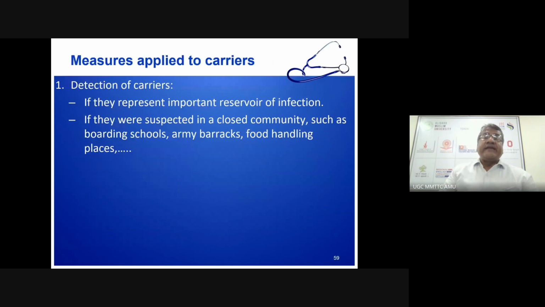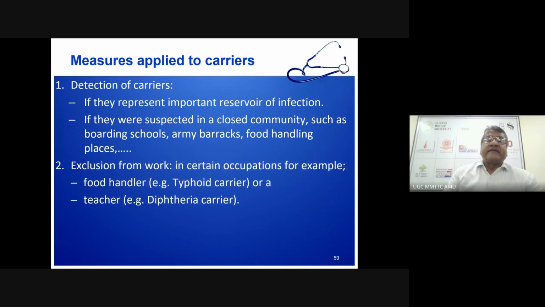Measures applied to carriers: detection of carriers if they present an important reservoir of infection, if they are suspected in a close community such as boarding schools, army barracks, food handling places, etc. Exclusion from work in certain occupations, for example, food handlers or teachers.